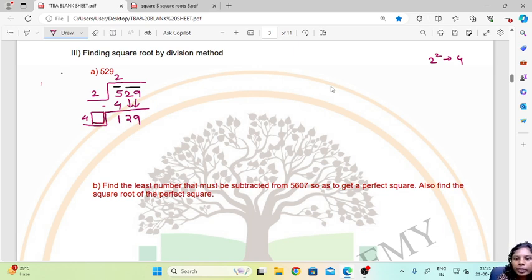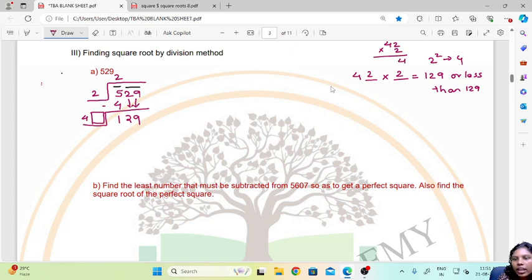So you have to basically start by 4 and this into this equals to, you have to find a number that is either equal to 129 or less than 129. Okay. Now the number that you will be adding here has to be the same number itself. So if I start with 2, then here also I have to take 2. So you have to do 42 into 2.